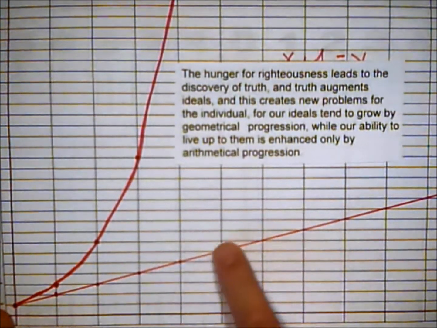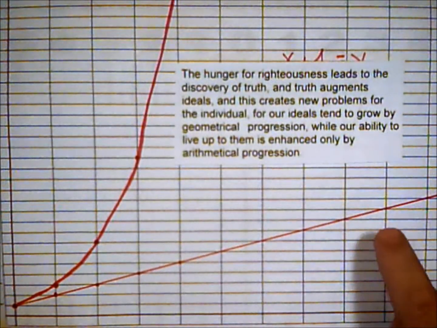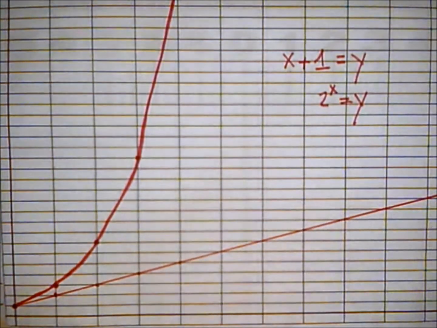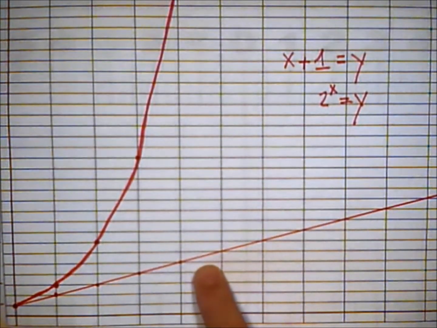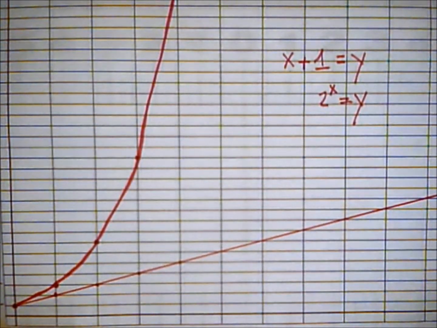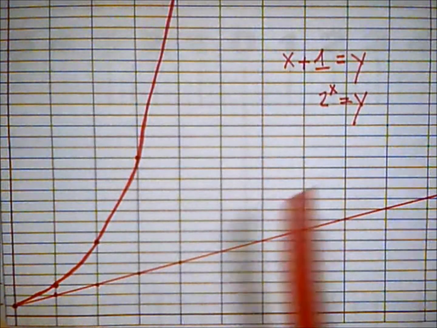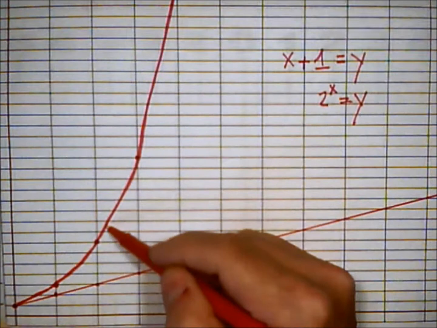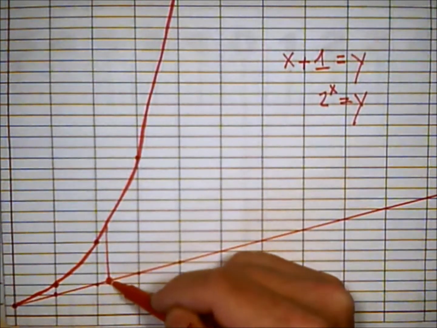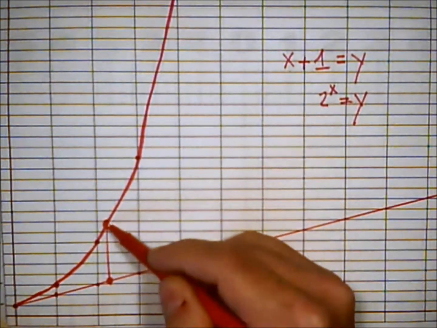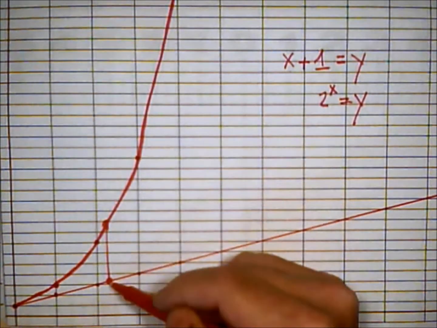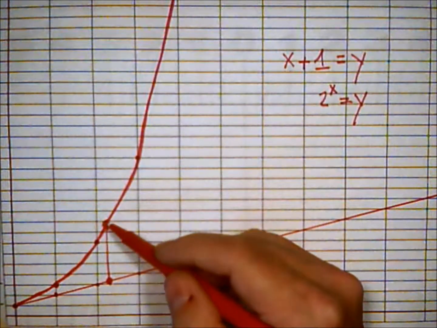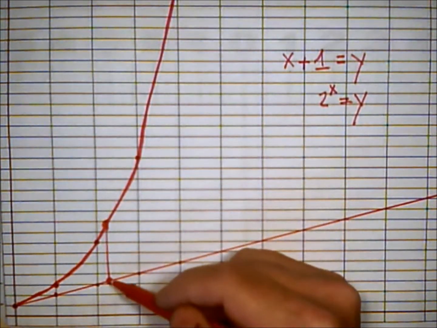Now remember, we said this was a great line. If this was our income, we'd love this line. There's nothing wrong with this line. The problem is we find ourselves on this line, say here. And here we are, but our ideals are up here, and all we're aware of is the shortfall between our ideals and our ability to live up to them.